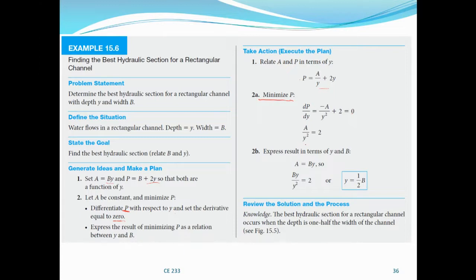And when we express the results, you remember A is equal to by. Now if we substitute A here as by, so y is b over 2, which gives b equal to 2y. So this is the best hydraulic section for a rectangle.